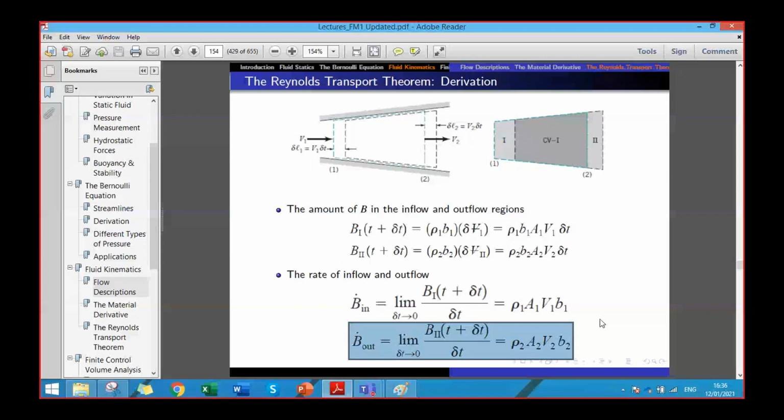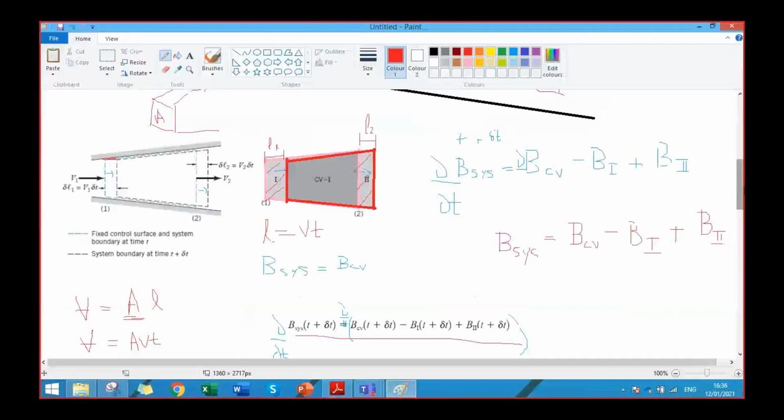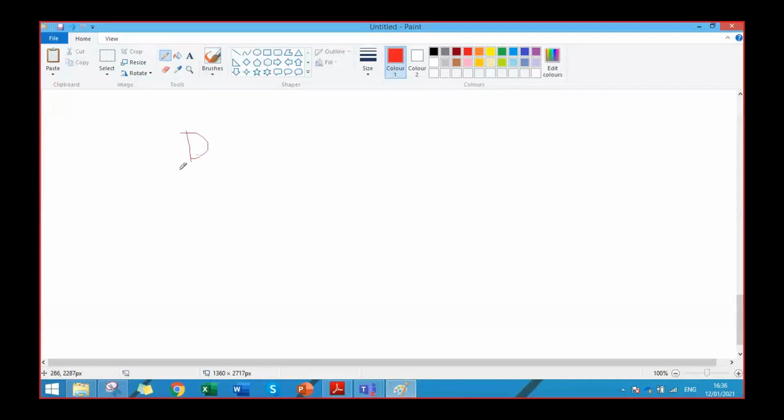So what we have on the right side is now the d by dt of B system.